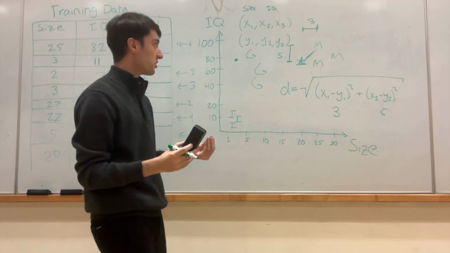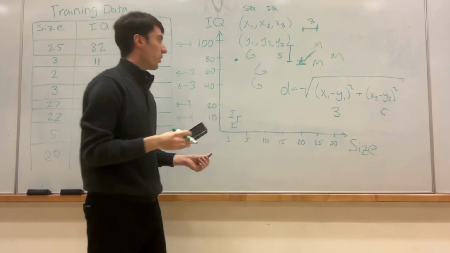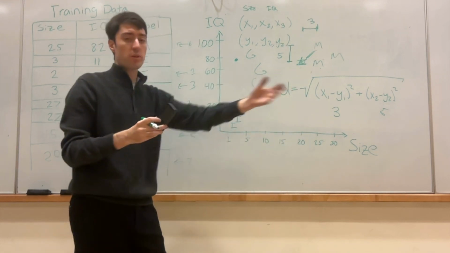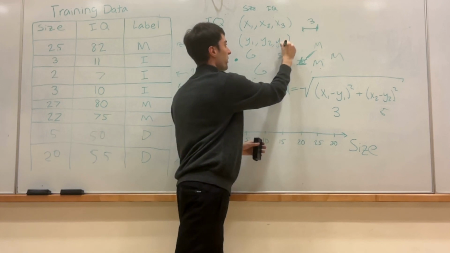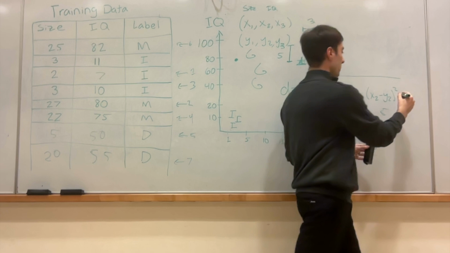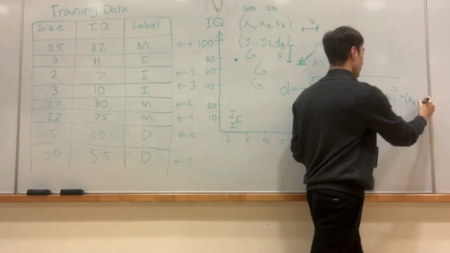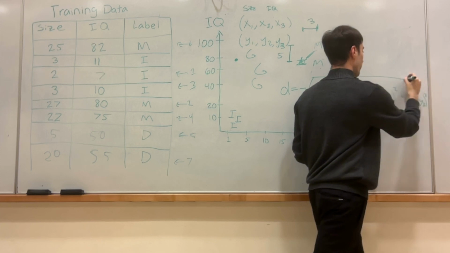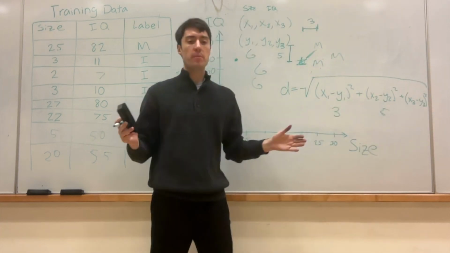And it's going to be something, right? It's just going to evaluate to a number. And then the y point, the star, is also going to have a third component. This is a 3 right there. And so then the equation is going to be plus x3 minus y3 squared, like that.